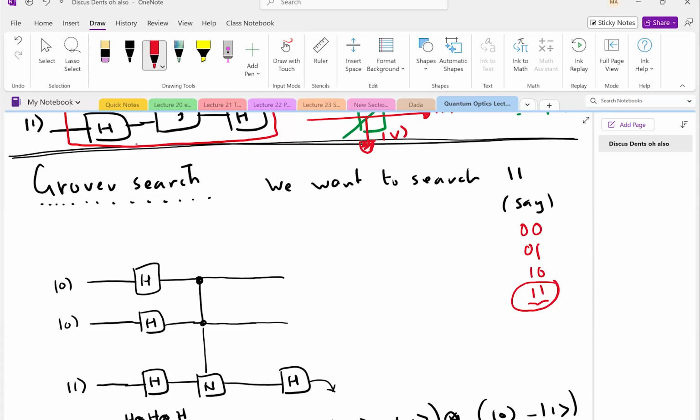So now we define a quantum algorithm called the Grover search algorithm, which helps us pick up the string that has been tagged already in one go.